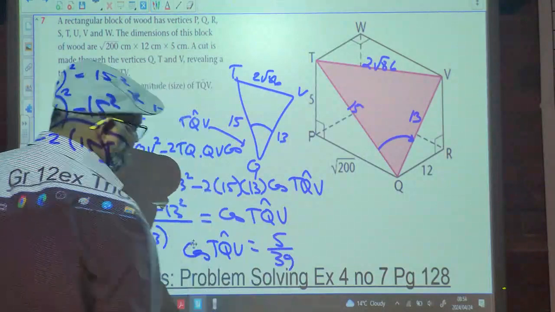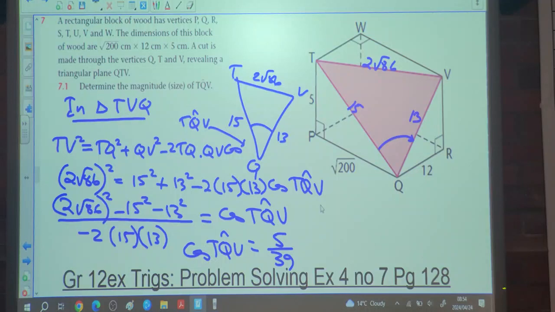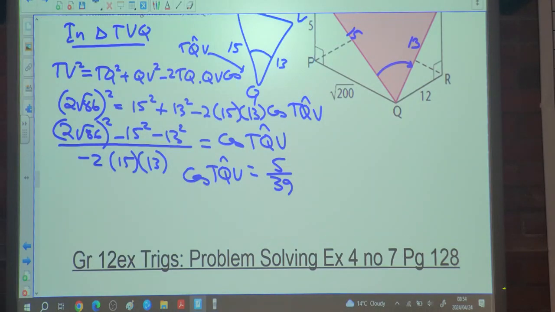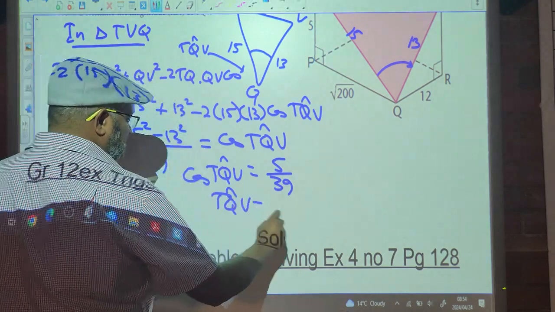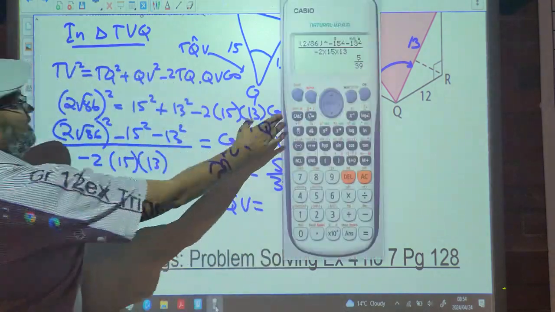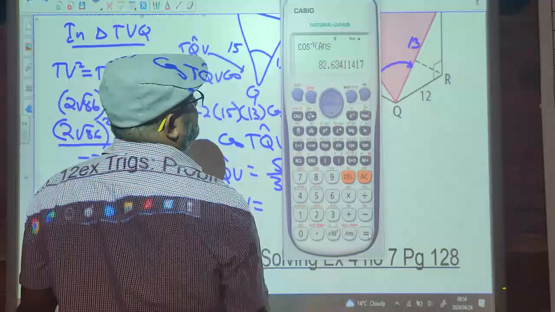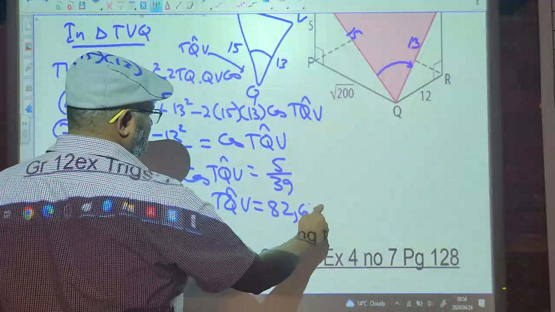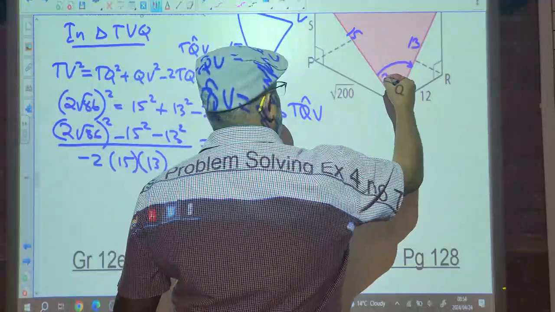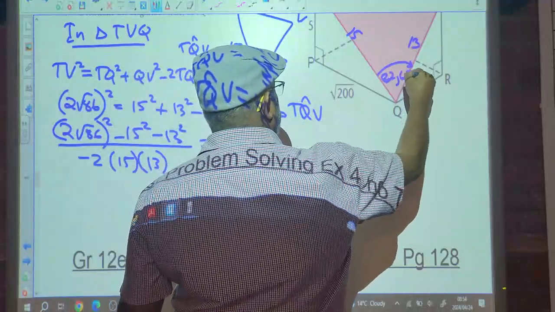So what does that mean, people? That angle is actually an acute angle, not so? So TQV equals inverse cos of that answer, 82,60. Let's check if that is right. 82,60.